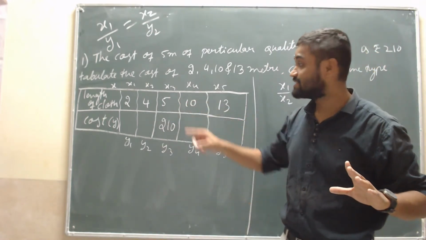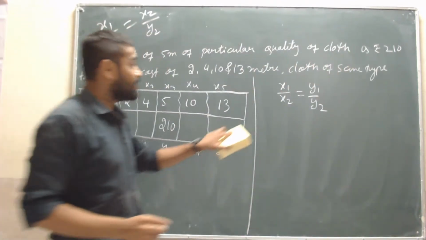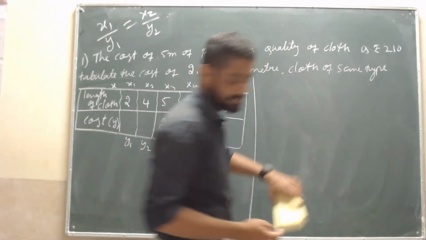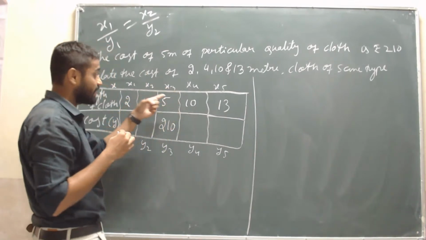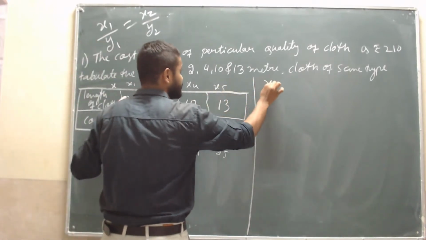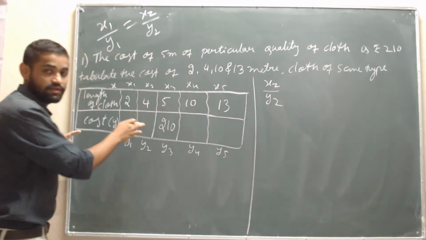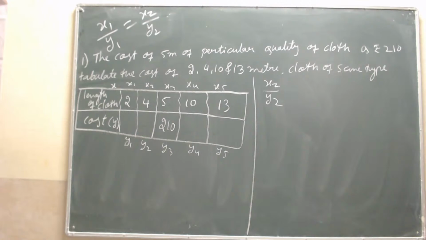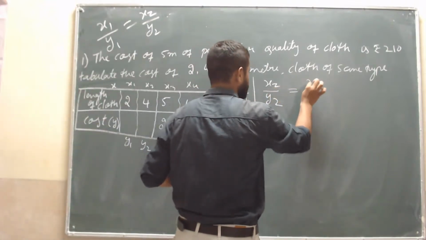So I will take the second column as well as the third column. Then the formula I will write here: x2 by y2 is equal to x3 by y3.